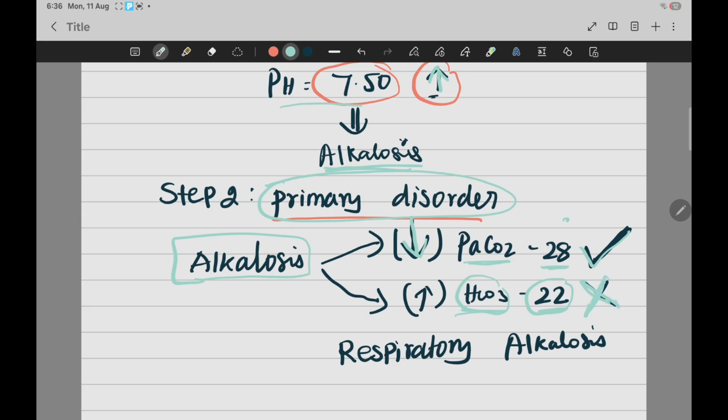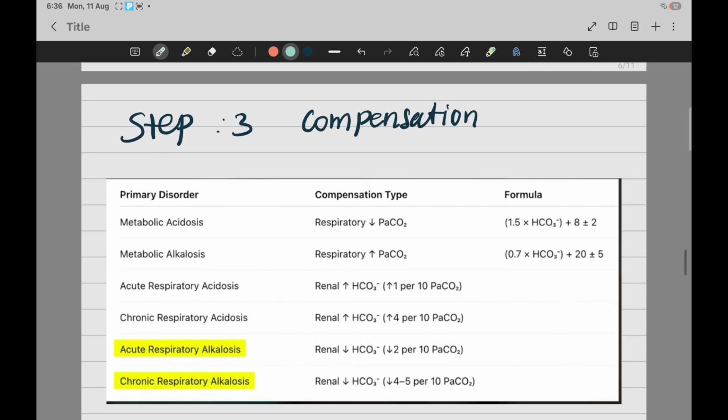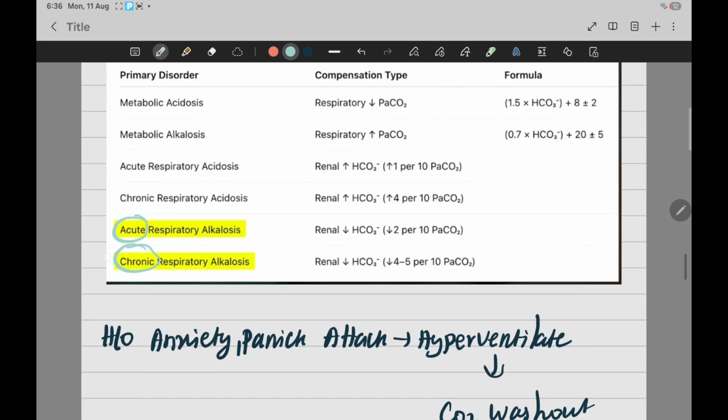So that is not the cause, which means the patient has respiratory alkalosis. Next step, compensation. In respiratory alkalosis, we need to divide it into acute and chronic.